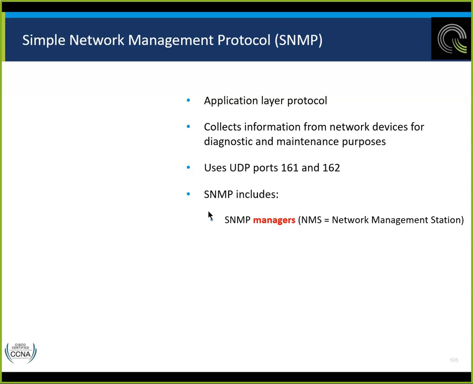It includes the SNMP manager, the NMS, the network management station that we saw in the question. That's a computer that we use to request and collect the information. We're going to have an SNMP agent, which is software installed on the network devices, and then we're going to have a management information base, the MIB, which lists the items that we can work with and the way that we identify them.